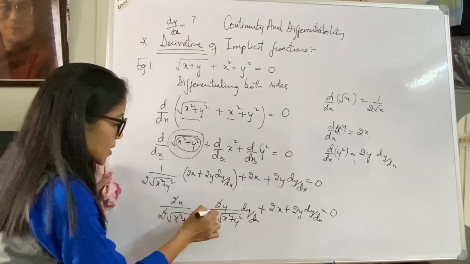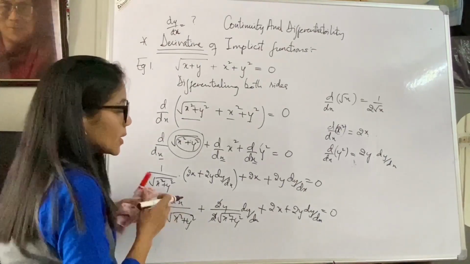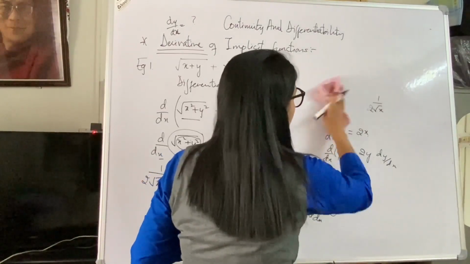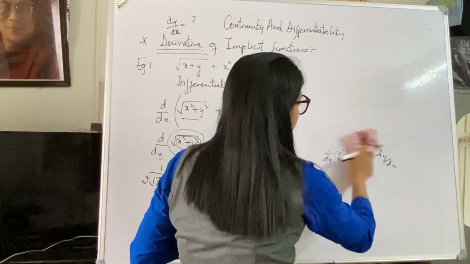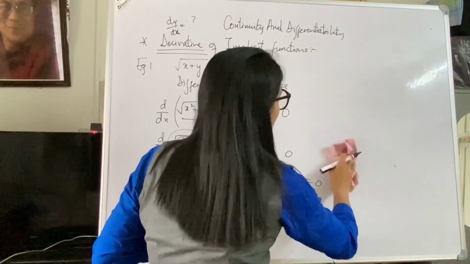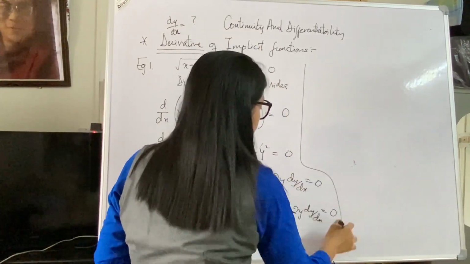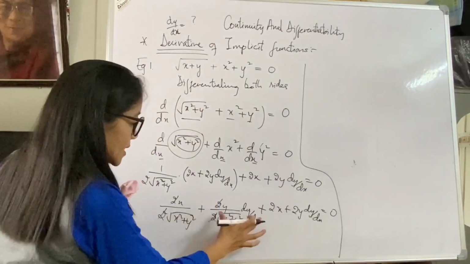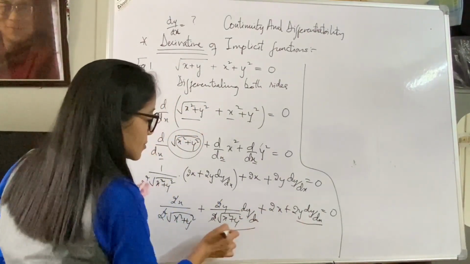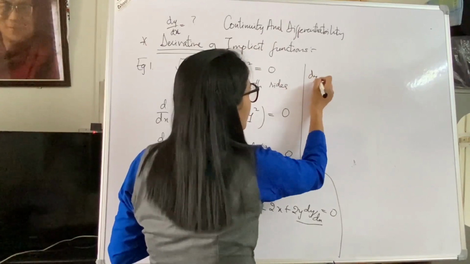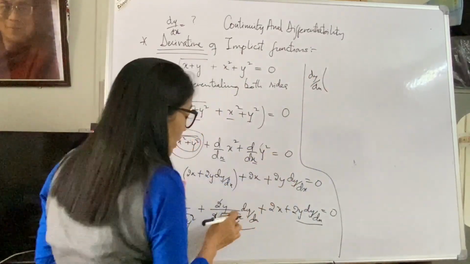Now from this 2 will get cancelled. Now what I will do is take the like terms, dy by dx, together, and take common. From this term and this term, these are like terms, so I will take dy by dx common from these two. So what do I get here?